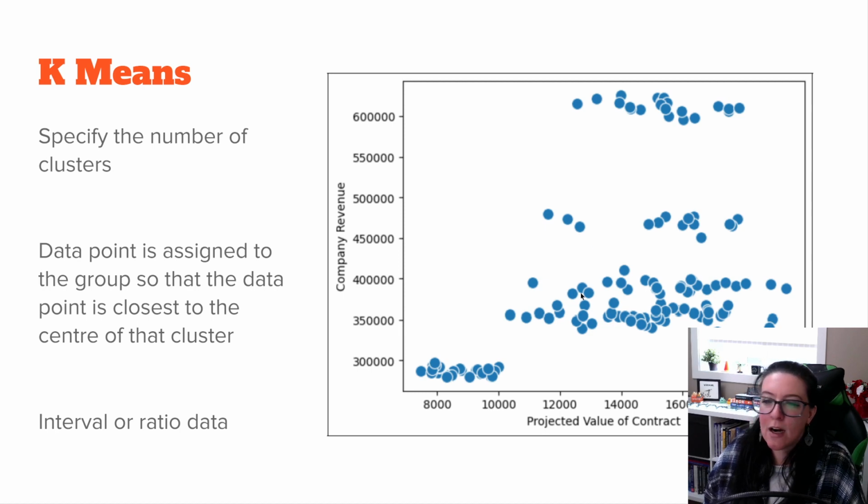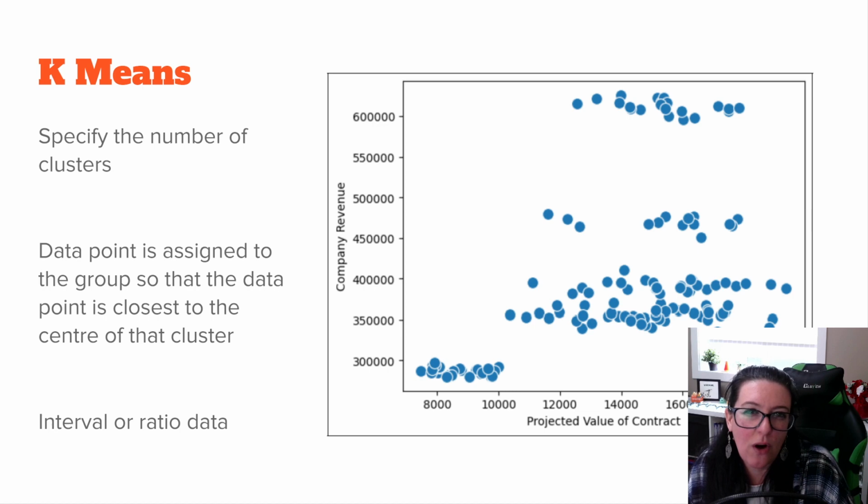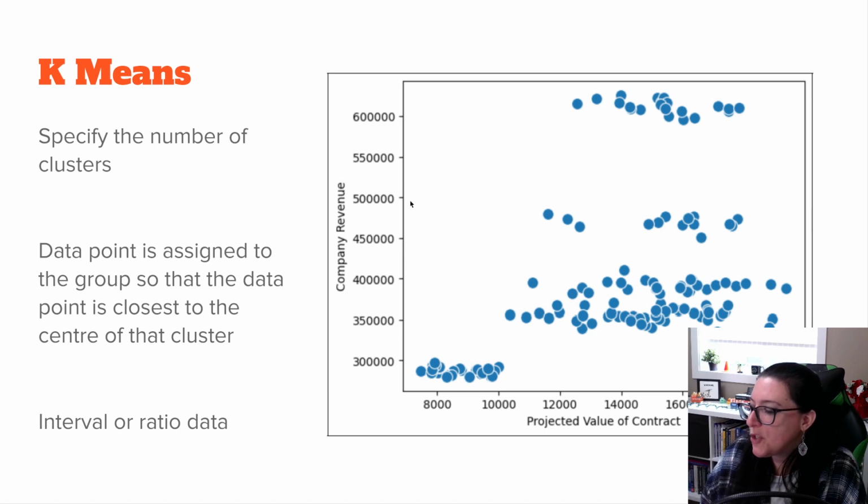So we're going to look here at our customer relationship management database that we've been pulling information from. Here we can look at, for example, the company revenue. How much does the company make? And we could look at the projected value of the contract. Recall that our company does web design. If we look at the relationship between the company revenue and the projected value of any product we do for them, can we identify groups of companies?